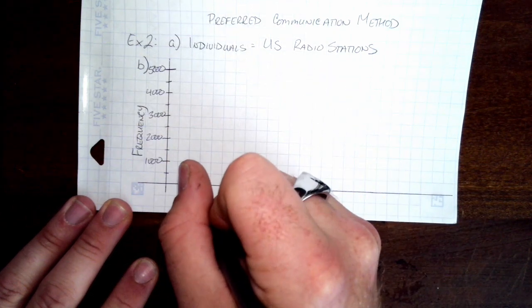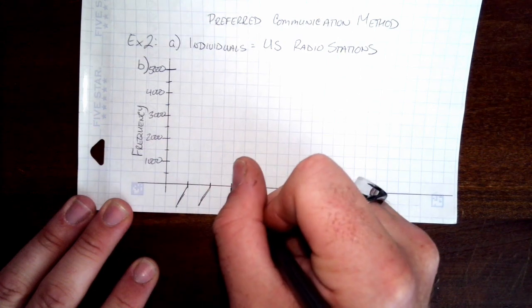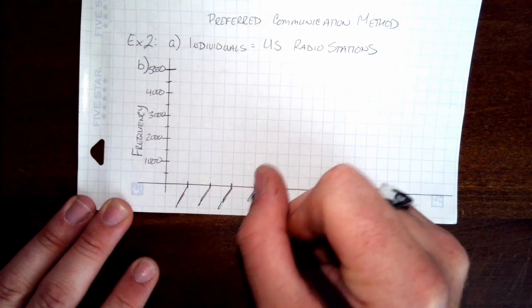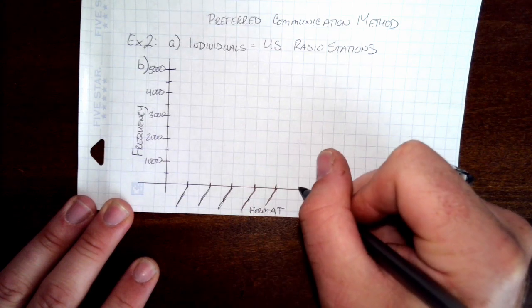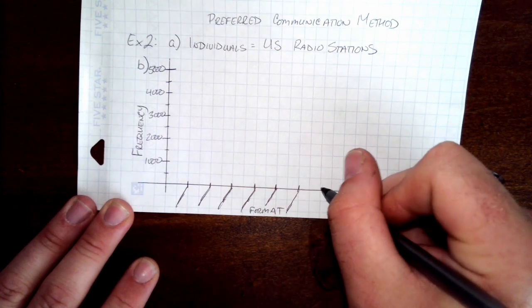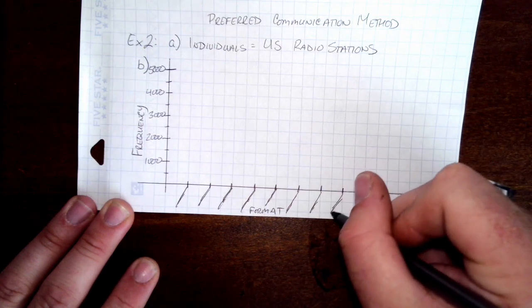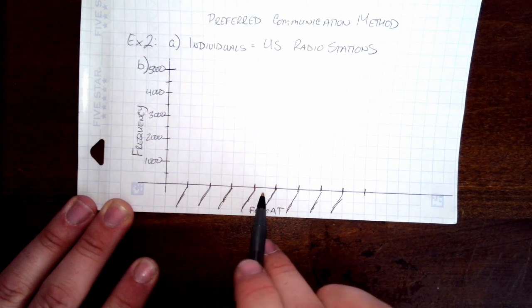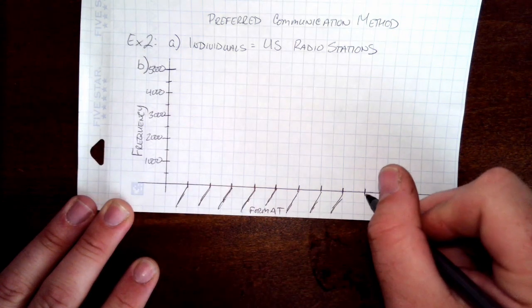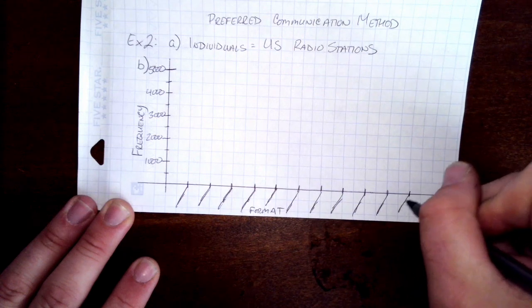I might write my names on a slant just to make it easier to read them or to write them. You don't have to do that, but it sometimes helps.